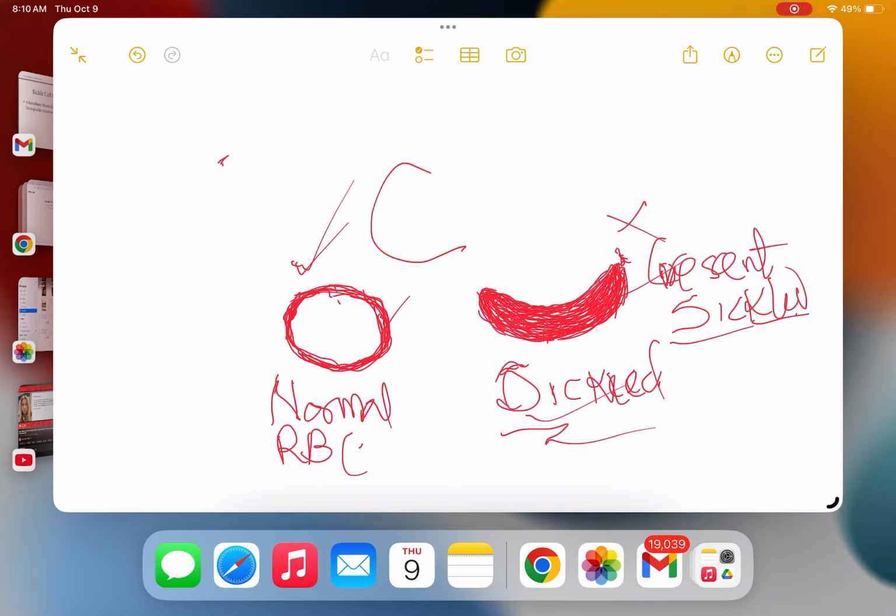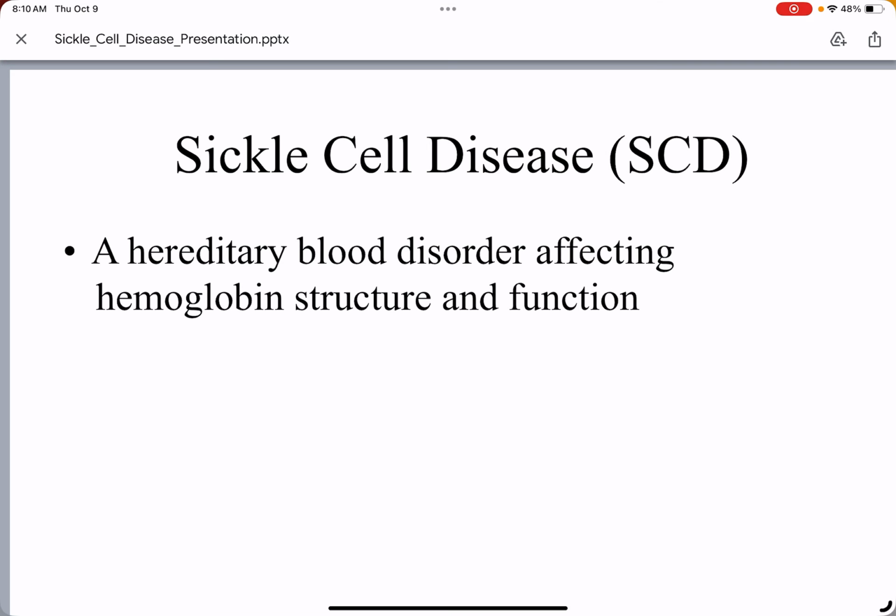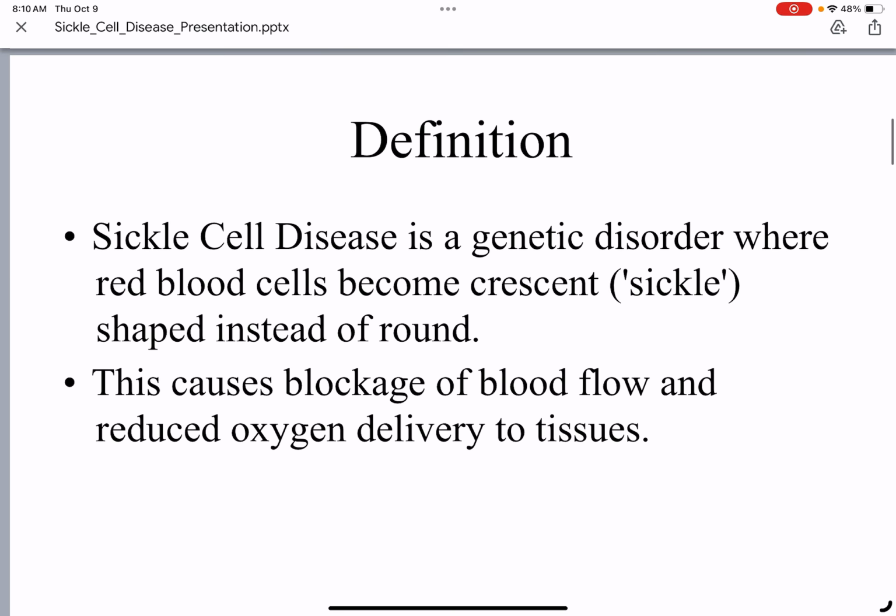Later down the slide, I am going to show you how this is going to impact blood supply to the tissues. So, again, sickle cell disease is a genetic disorder where the blood cells become crescent shaped.